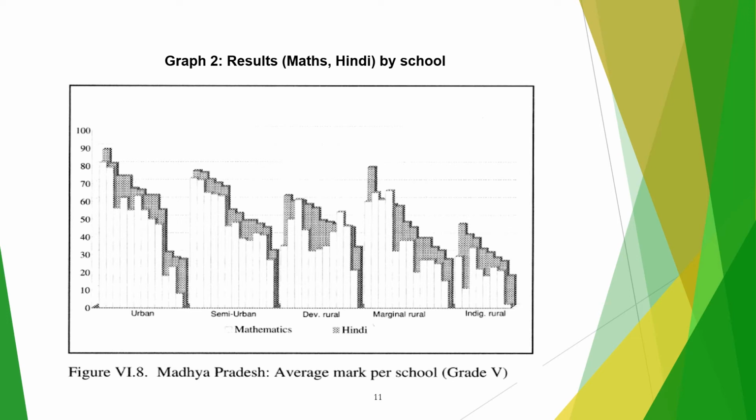And suppose that you are again the principal of that school, or rather, you are now the inspector, and this is the response that you have received from the principal. The results are weak for my school because I am in the marginal rural area. When you see this graph, how would you respond as an inspector to that principal?